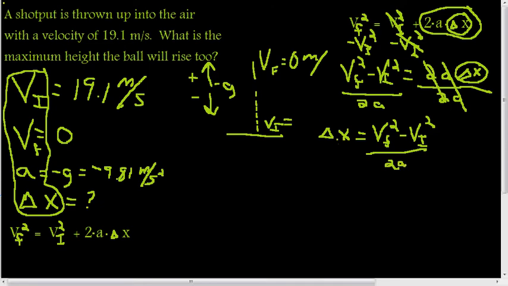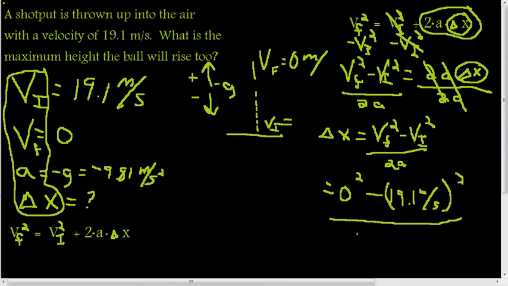With our equation solved for delta x, we can now take our givens and plug them into the equation. We have Vf. Vf is 0. 0 squared minus Vi squared. Vi was 19.1 meters per second. And this whole thing here needs to be squared.